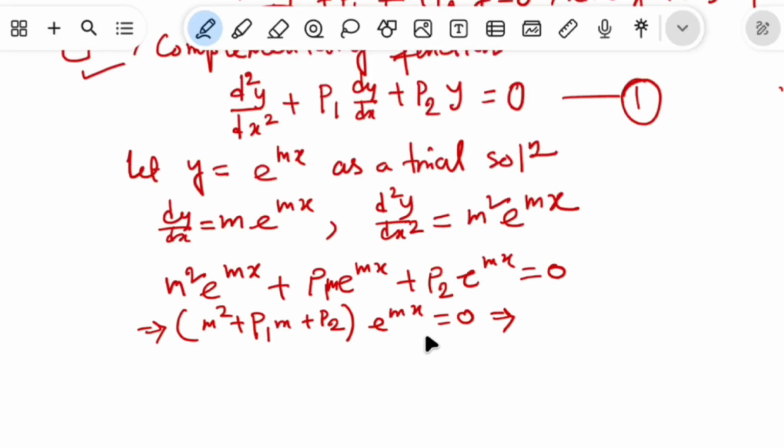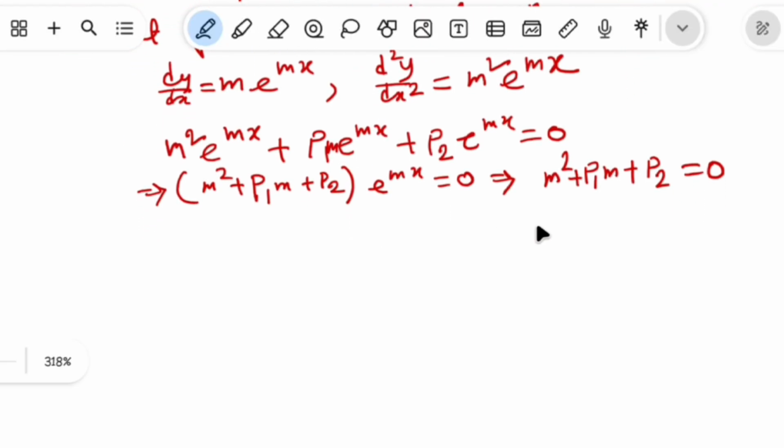Now from here either we can get e^(mx) equals to 0 or m square plus p1 m plus p2 equals to 0. As I have taken y equals to e^(mx) as trial solution, we cannot take e^(mx) equals to 0, because this has no meaning. So let us take m square plus p1 m plus p2 equals to 0.